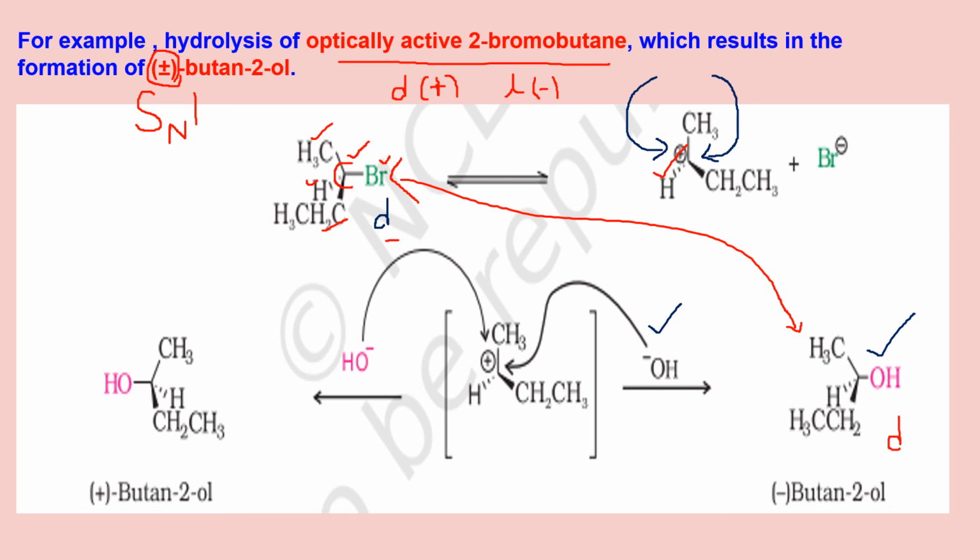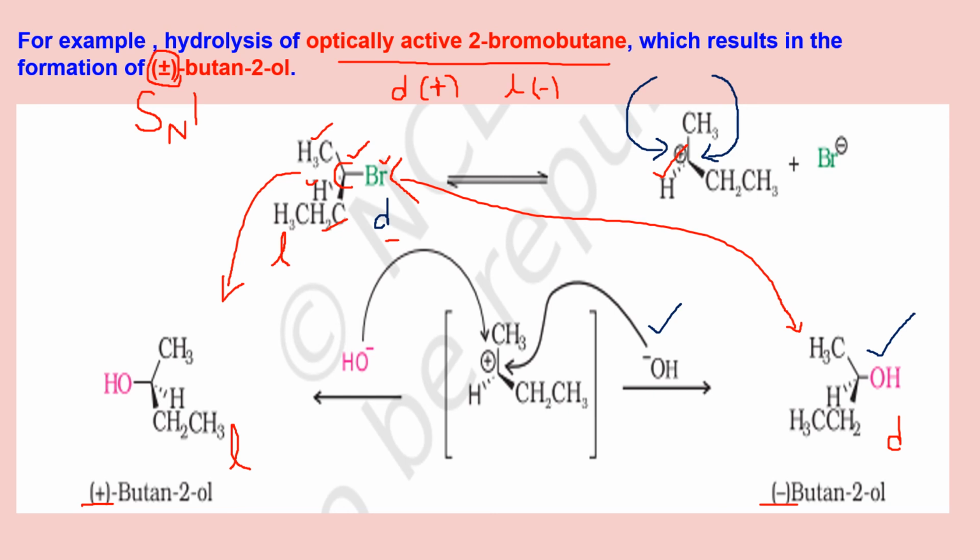And if OH minus is coming from this side, then I will get exactly the opposite configuration of this, that is levo. By chance in this they have given that this is levo and this is dextro. That means the one with which you started was levo in nature.